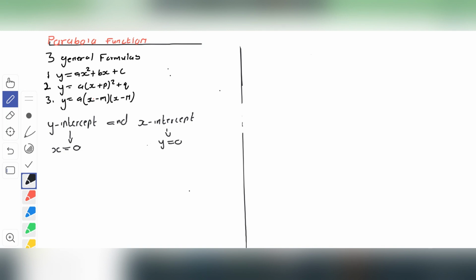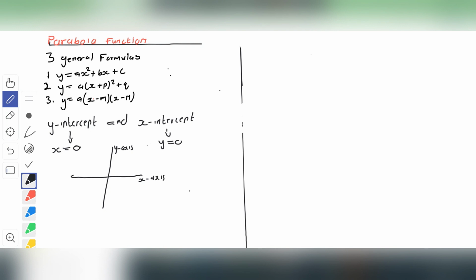Therefore, how do we know that for the y-intercept we let x equal 0? And how do we know that for the x-intercept we always let y equal 0? Let's say we have this Cartesian plane, and from here we have the y-axis, right? From here we have the x-axis, right?